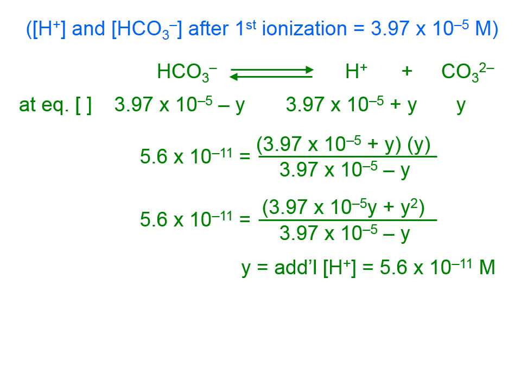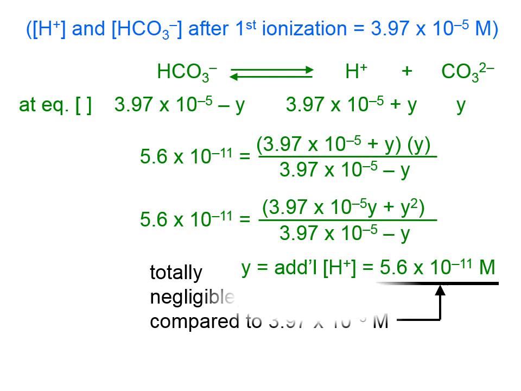The additional concentration of H that will be produced due to some of the second protons popping off is right here, 5.6 times 10 to the negative 11th molar. When we assumed that only one proton popped off, we got 3.97 times 10 to the negative fifth molar. Those are 1,000,000 times different.